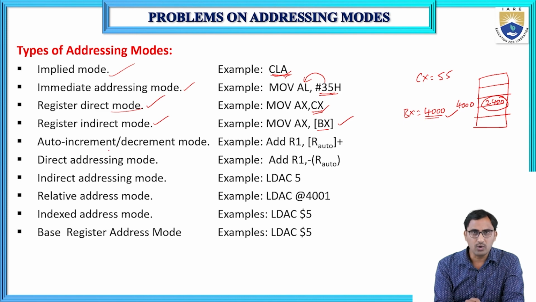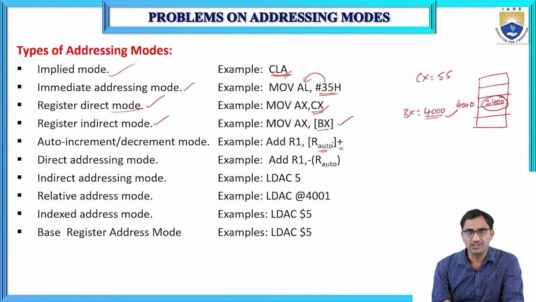Next one, auto increment or decrement mode. For example, ADD R1, (R)+. We have specified the plus symbol after the register. It indicates post increment. Here the effective address is specified in the register.